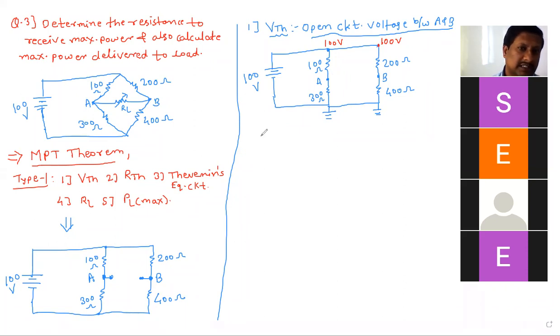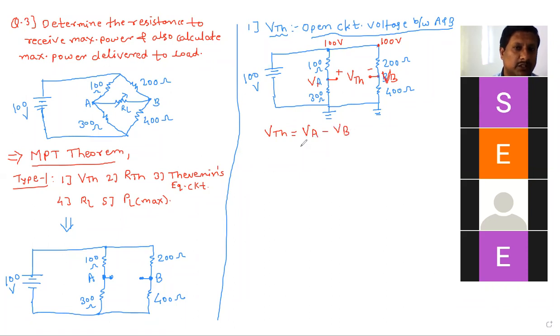Now if I separate it, you will understand. So between A and B, we have to find out the voltage. That voltage is plus minus VTH. So I will write VTH is equal to VA minus VB, taking the voltage here as VA and the voltage here as VB. The difference between the two is VTH. VA minus VB.